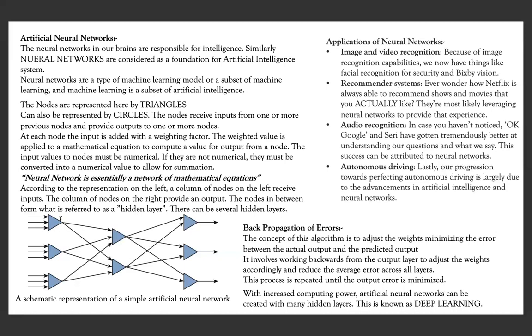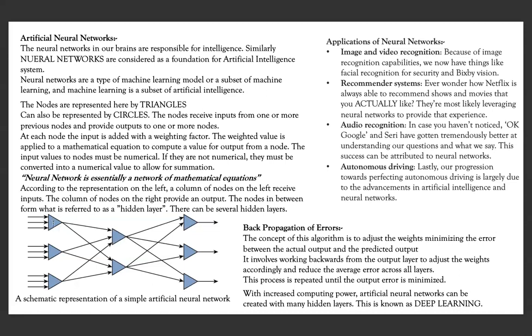So basically what happens at each node, the inputs are combined with a weighting factor. The weighting factor is applied to a mathematical equation. Based on that mathematical equation, an output is generated. As you can see here, this node is generating two outputs, which are further considered as inputs for other nodes.